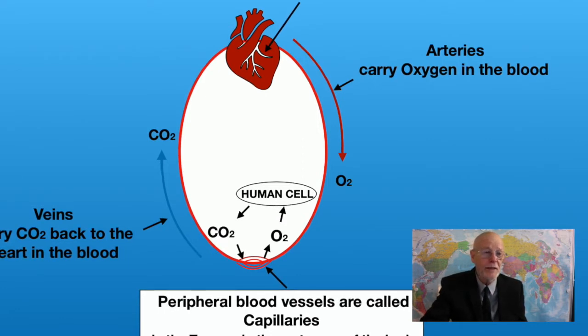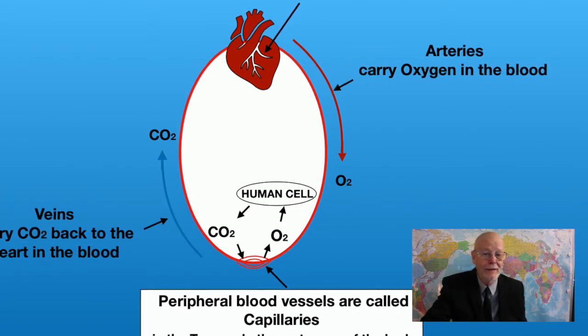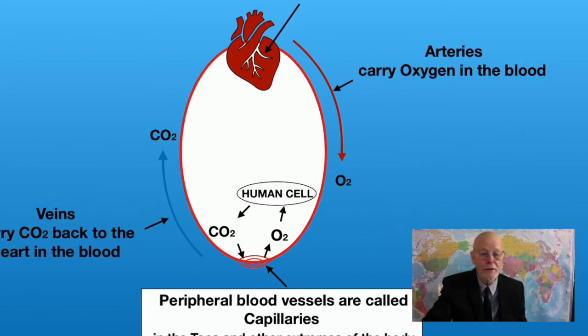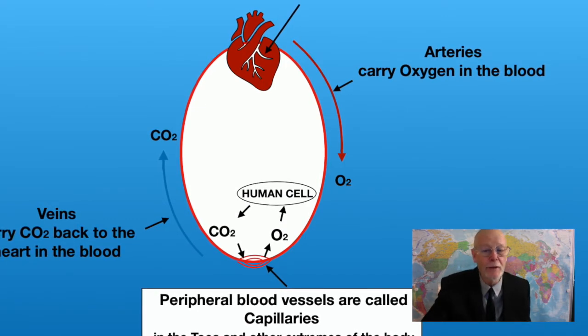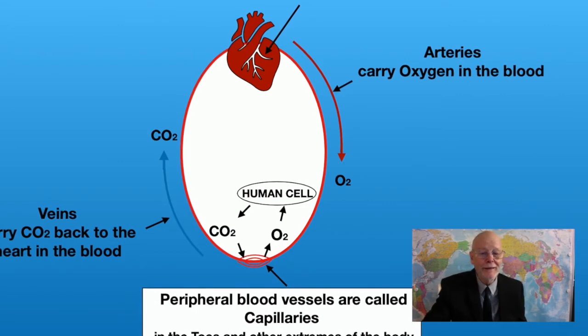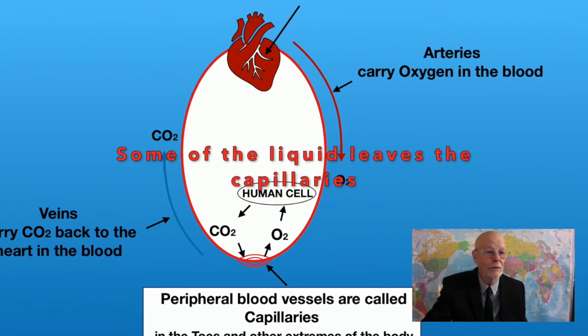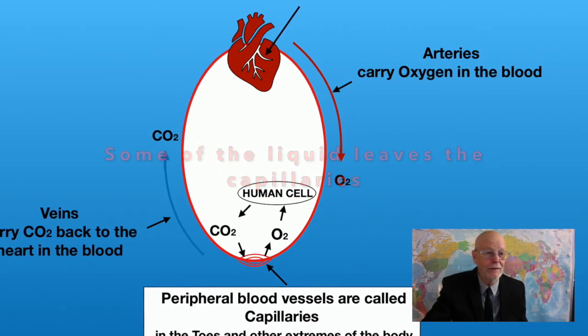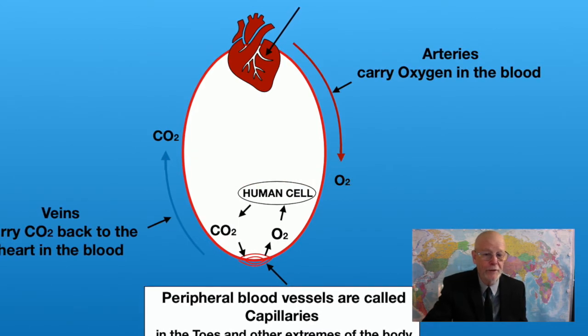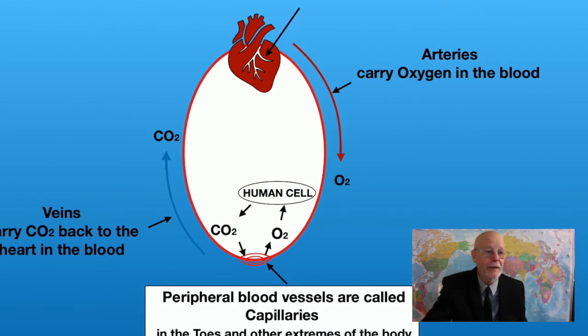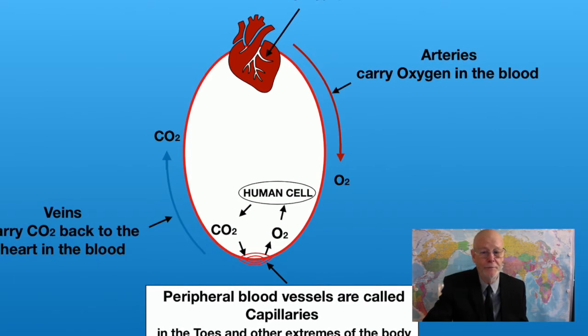Because it comes out from the heart into a large aorta and then into smaller arteries and arterioles, the blood pressure increases, so that by the time it gets to the capillaries, the oxygen, the protein and the liquid that's in it gets pushed out of those very fine blood vessels into the surrounding area or outside of them.